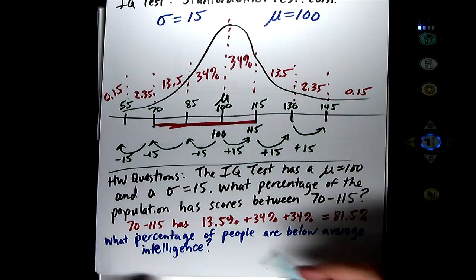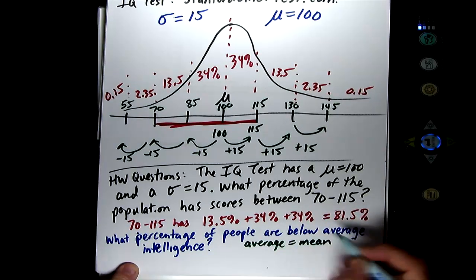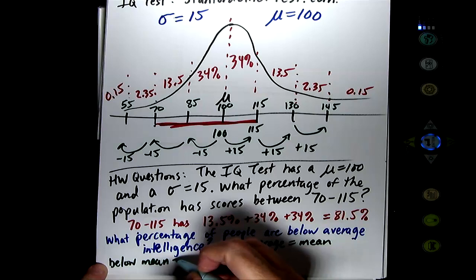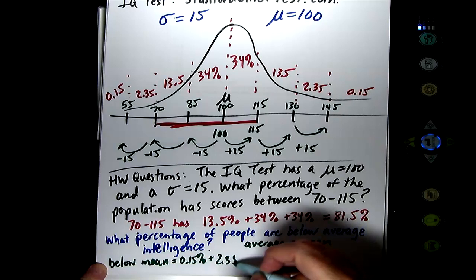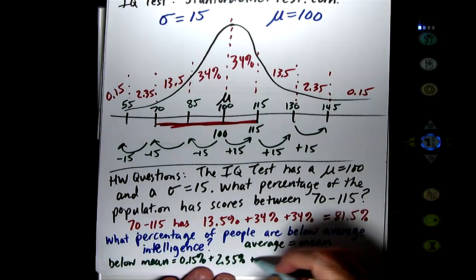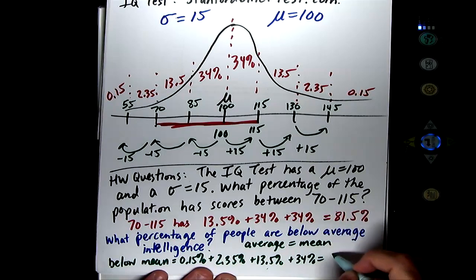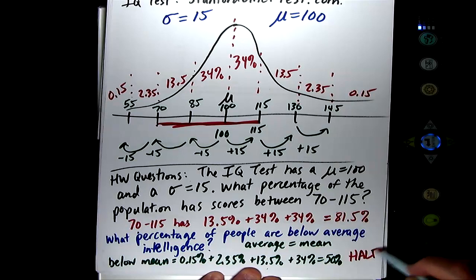Well, average means mean, so we're looking for below the mean. 0.15% plus 2.35% plus 13.5% plus 34% equals 50%. Half the people you meet every year are below average intelligence.